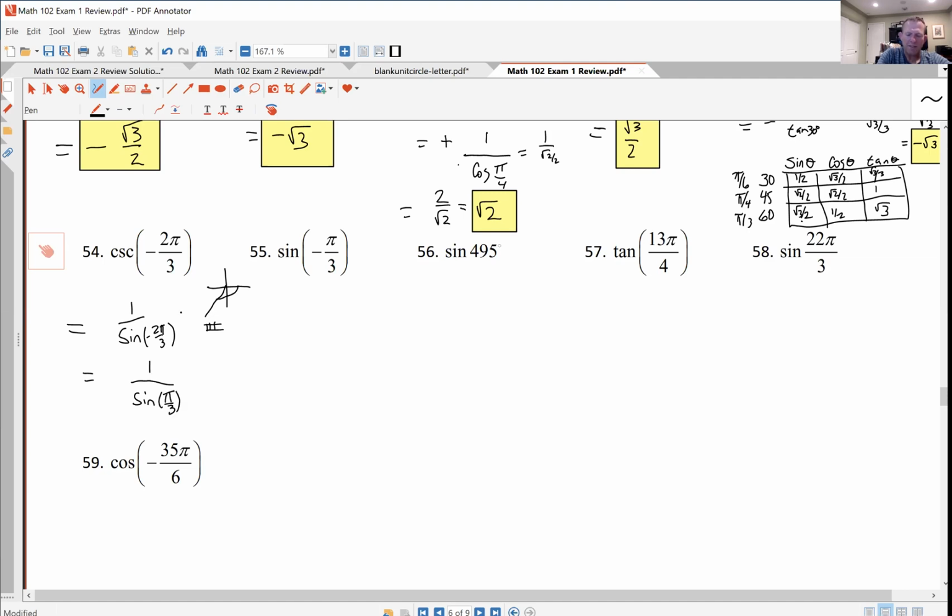And in quadrant 3, sine's negative. So that's negative root 3 over 2, or 2 over root 3, which turns into negative 2 root 3 over 3.